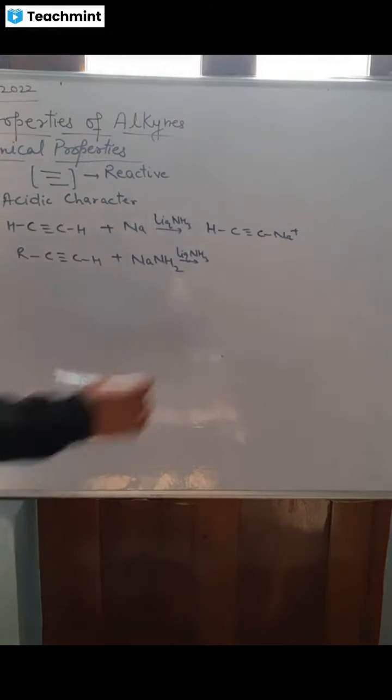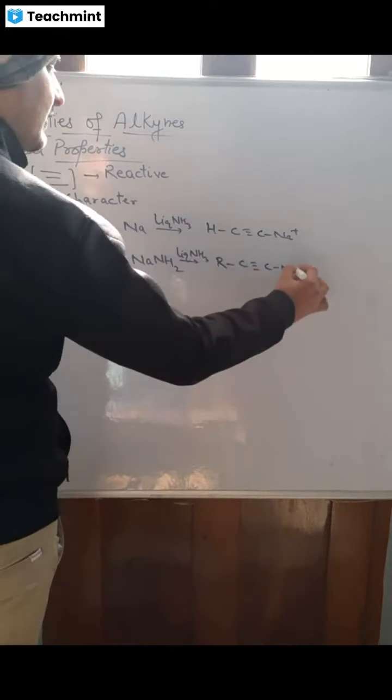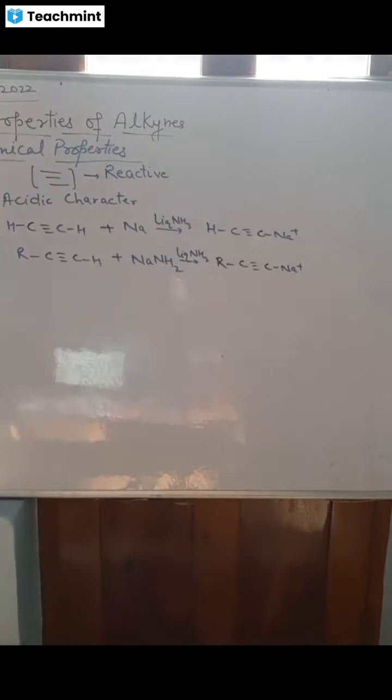In the case of a general terminal alkyne, it is RC triple bond C Na positive. Okay, beta. They form sodium ethanide.